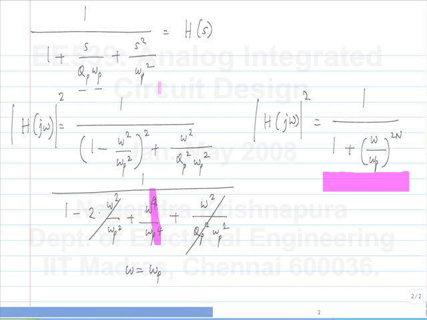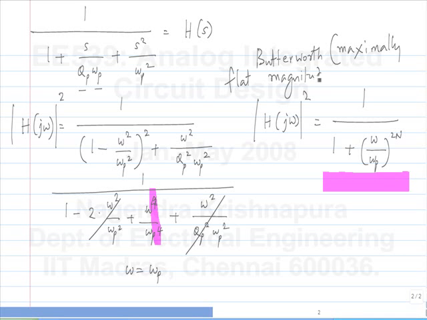So all the coefficients of the denominator have to be adjusted so that all the other terms cancel out. You have only one and the highest power remaining. Okay. This is the Butterworth or the maximally flat magnitude response. Okay.